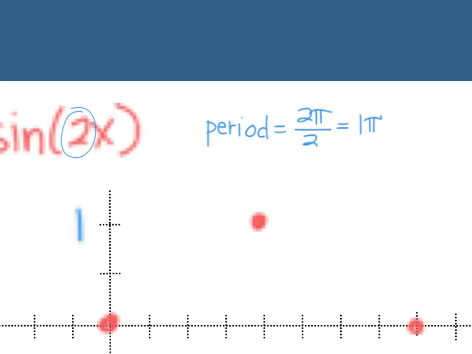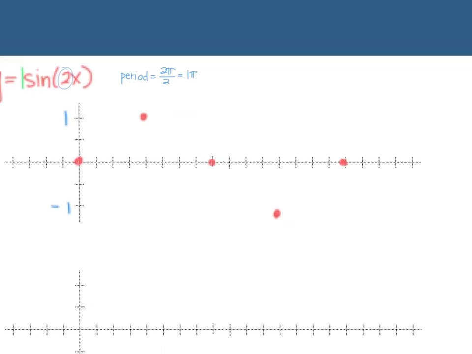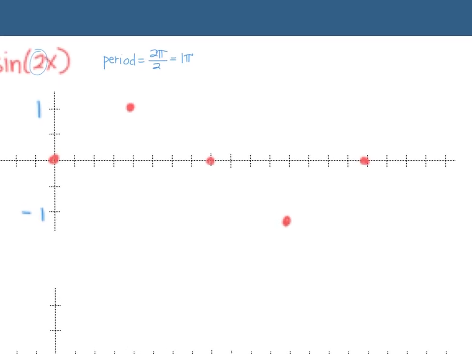What that means is our labeling of our x-axis changes at the end. The beginning is always 0 pi, but the end is now 1 pi, because that is the length of the period. And that comes from the formula, 2 pi divided by b.